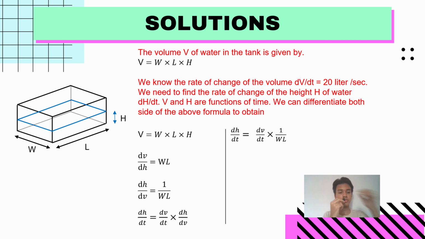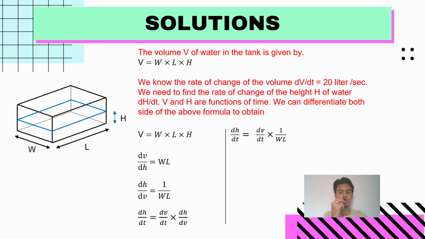So the chain rule formula in this question is dH over dt equals dV over dt times dH over dV.